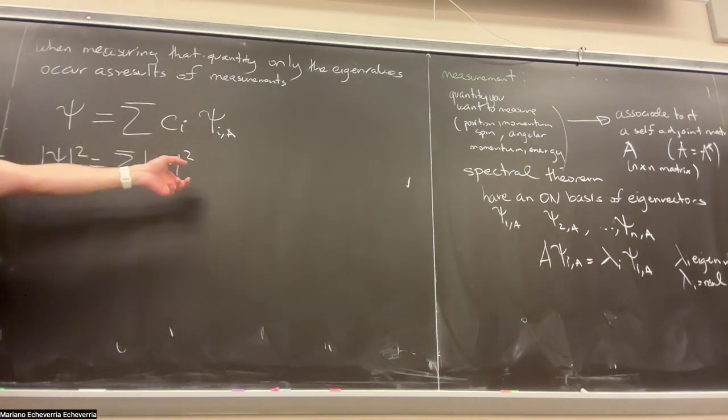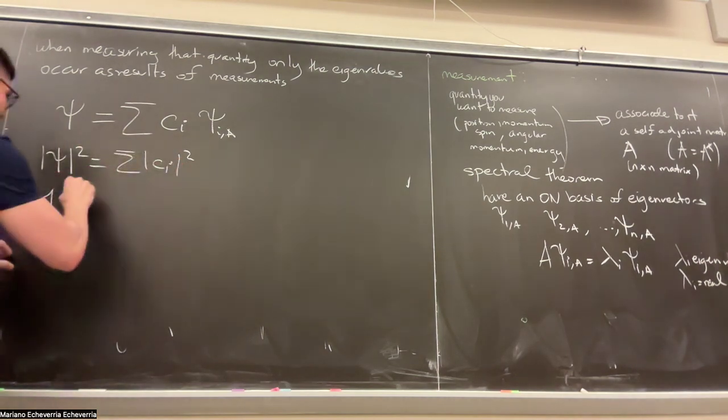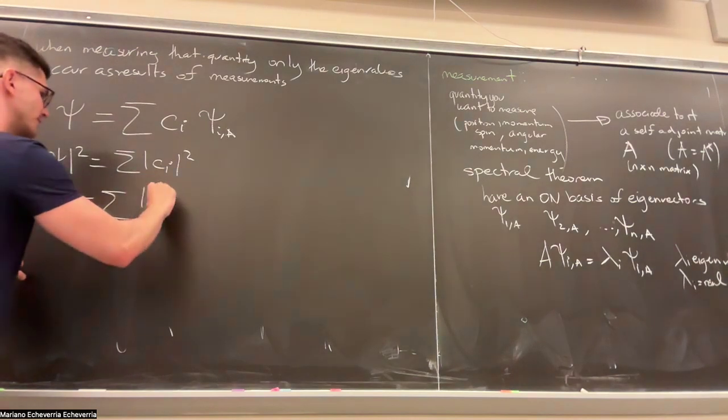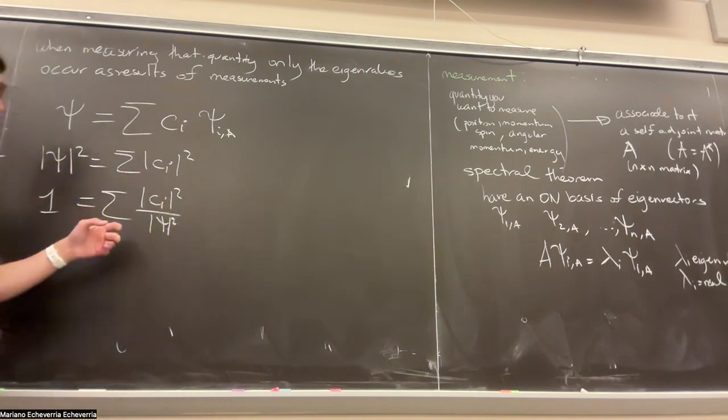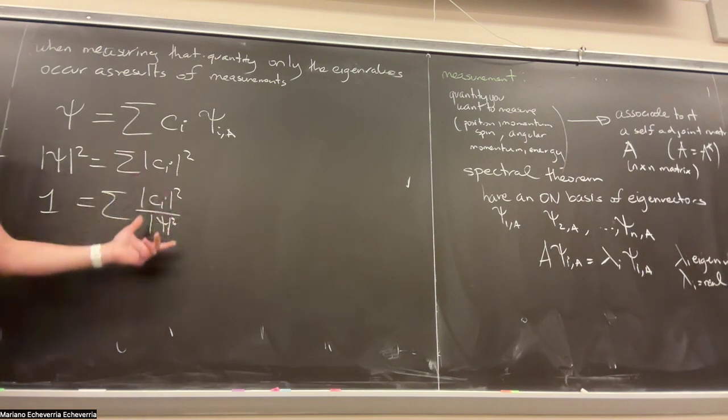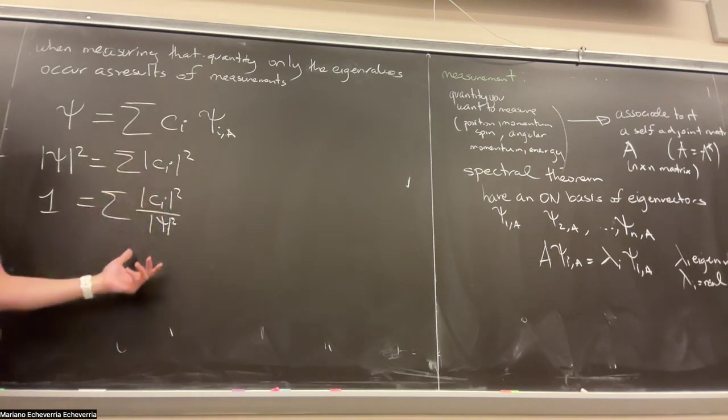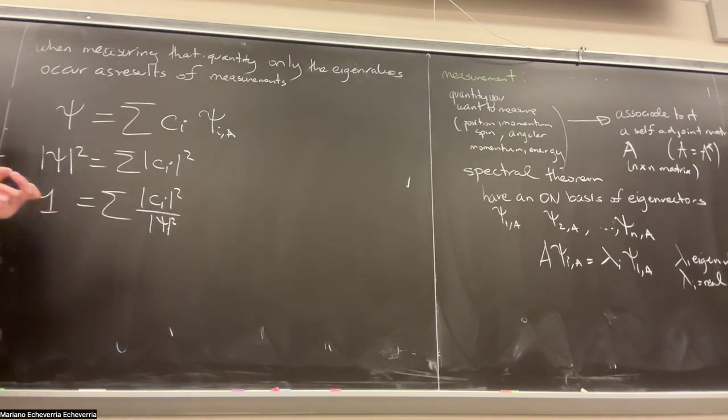And so you divide both sides by the norm squared. And you have a bunch of non-negative numbers that add up to one. Well, what you would interpret that as is probabilities.